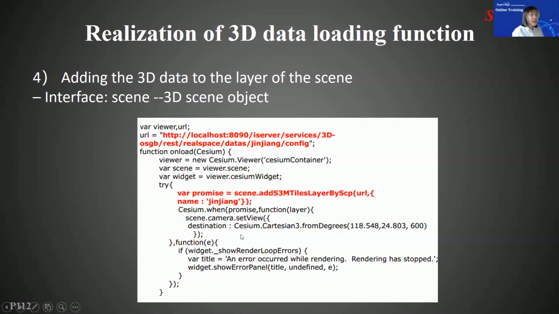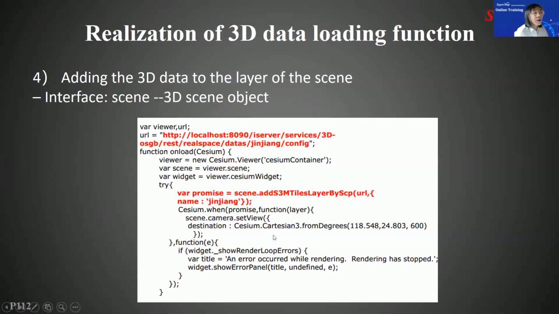So you have to set a destination, the camera destination, using Cesium.Cartesian3.fromDegrees. Because in WebGL and in Cesium, the default coordinate system is the Cartesian coordinate system, which is different from degrees.